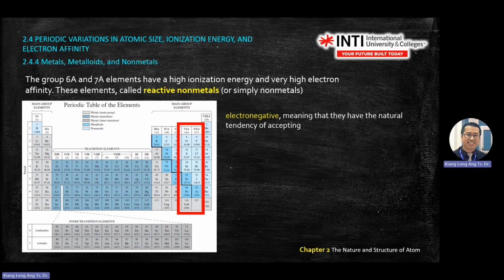On the family 6, 7, their tendency is to pull electron from outside. They are called reactive non-metal. Their tendency is to become negative. So the word for that one is called electronegative. Electronegative means tendency to become negative. Why can they become negative? Because they like to pull electron from outside.